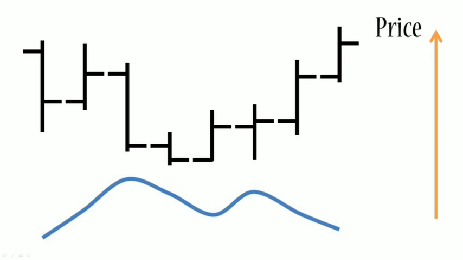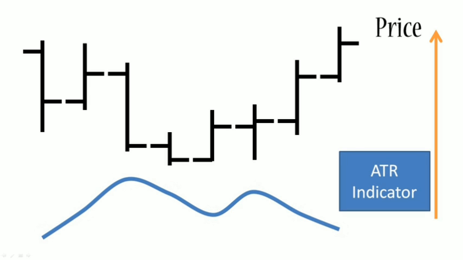So what we've actually constructed is the average true range indicator with a period of 4. You can find this indicator in MetaTrader 4 and drag it onto a chart, and you'll see exactly this picture.